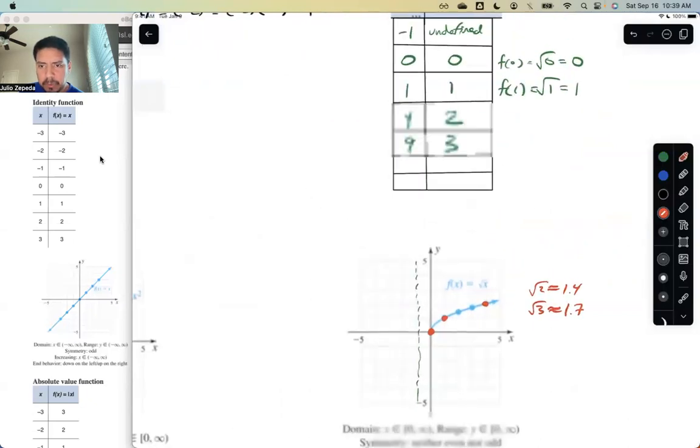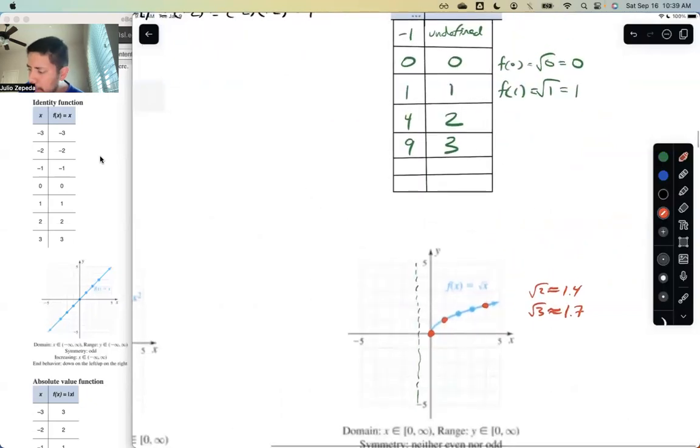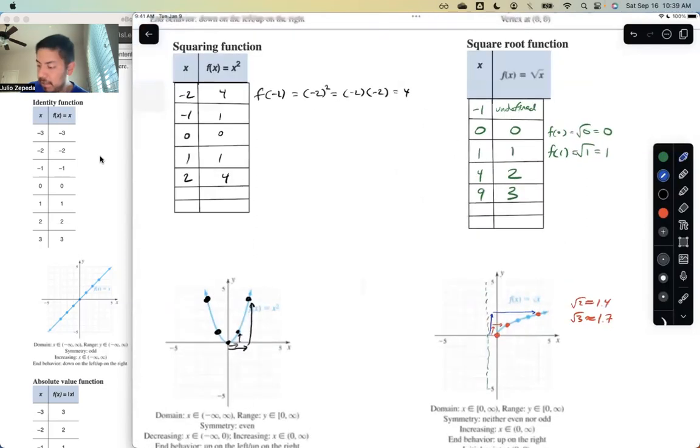But I'll teach you the way I do it. From the vertex of this square root function, you go up 1, to the right 1. That's how you get that first point after the vertex, and then up to over 4. Basically like the parabola, but on its side.